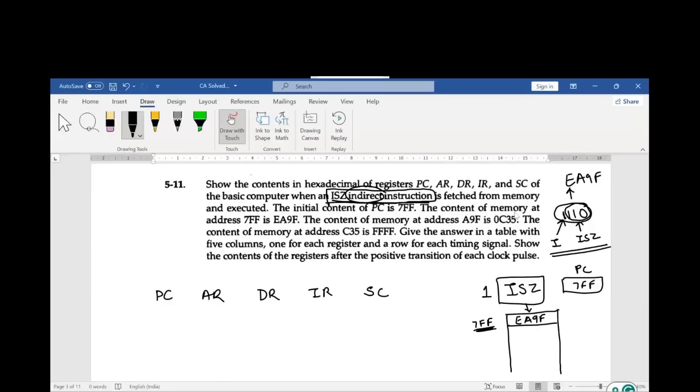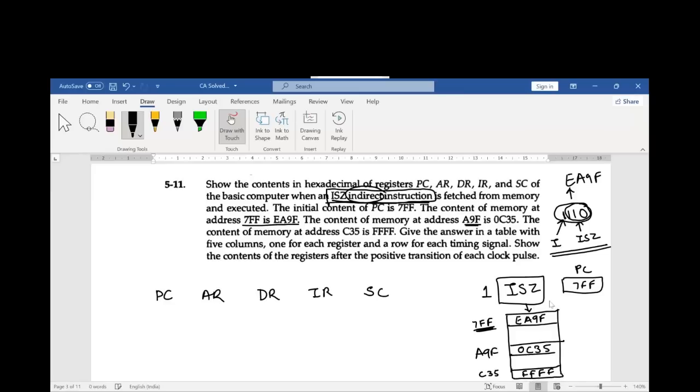Okay. Now let us read the question further. The content of memory at address 7FF is EA9F. The content of memory at address A9F, let us see, what do you have at A9F? You have 0C35. The content of memory at address C35, at that location, you have FFFF.